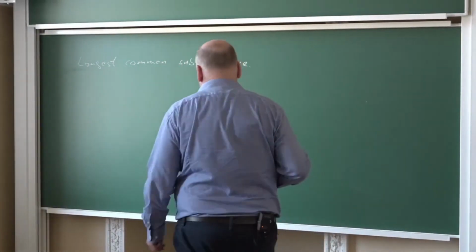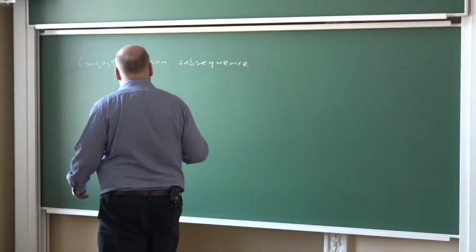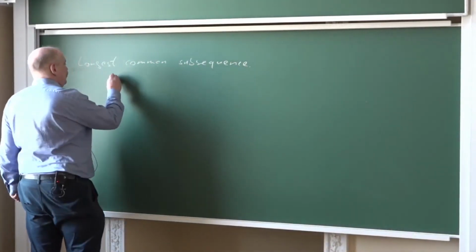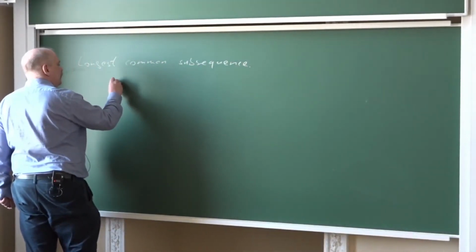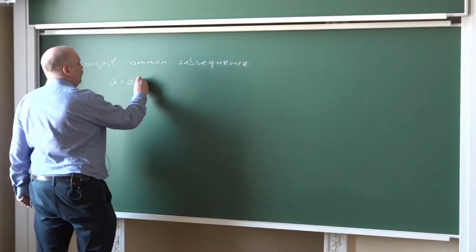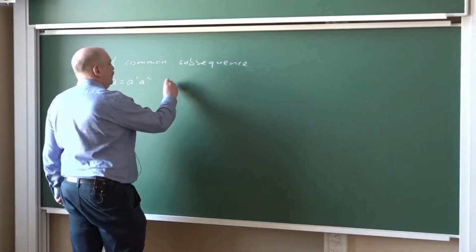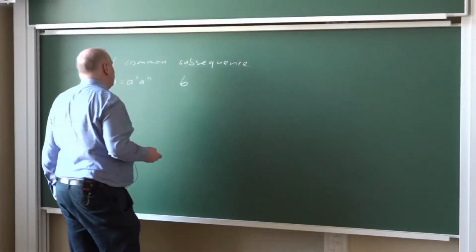The behavior is, I have two strings, A and B, and A consists of A prime and A double prime, and B is just fixed.